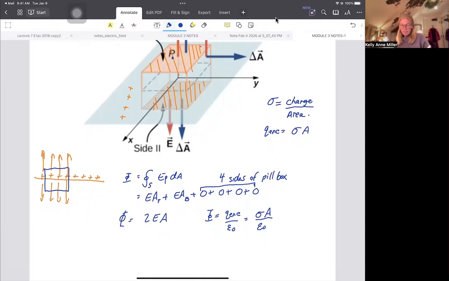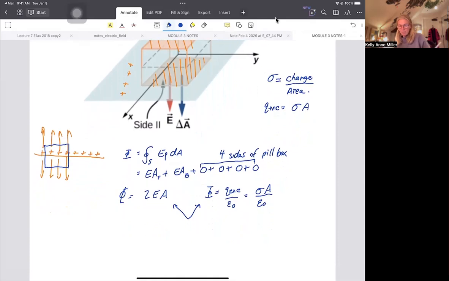Then I just set these two equations equal to each other, as I did in all the other examples. So 2 times electric field times area equals sigma times area over epsilon naught.